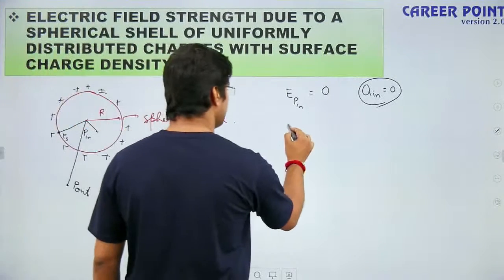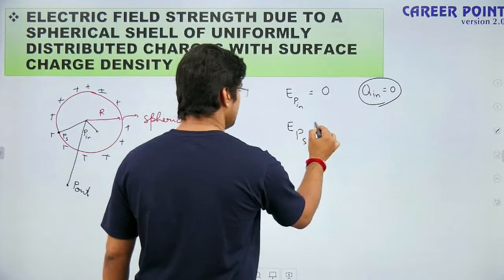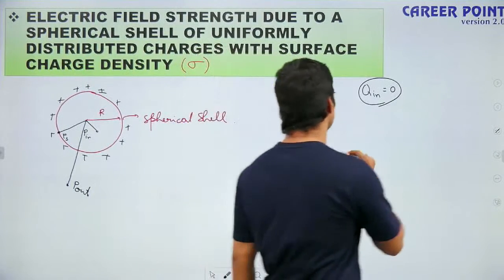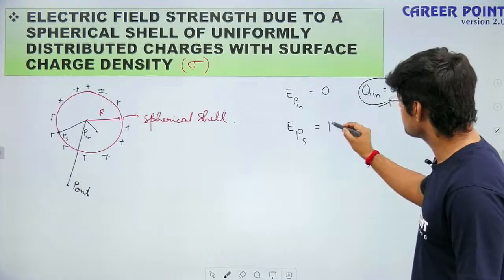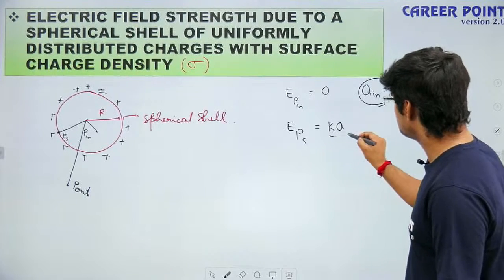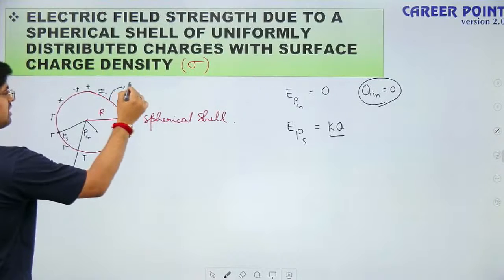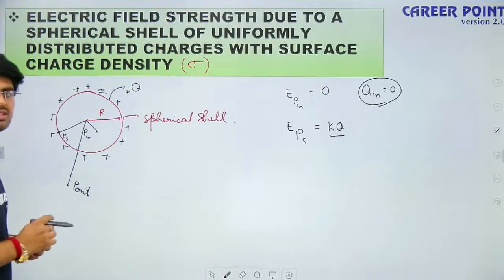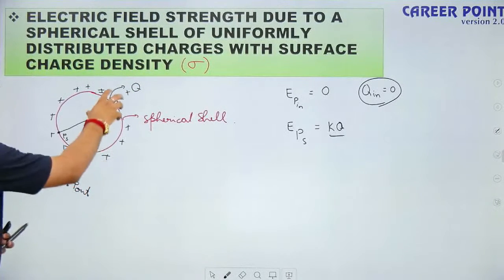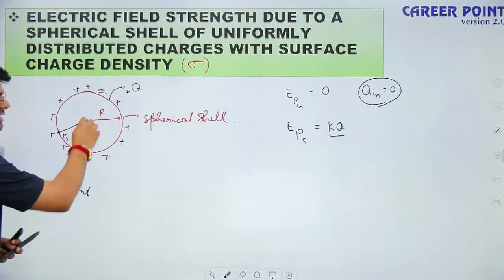What about the electric field at P surface? The electric field at P surface will be K Q by R square, because this total charge is capital Q, and it is assumed concentrated at the center.